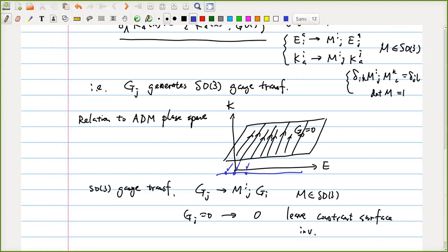This is not the full reduced phase space, because here you only reduce with respect to the SO(3) gauge transformation and Gauss constraint. But still you can consider the quotient space, and this quotient space is precisely the ADM phase space.